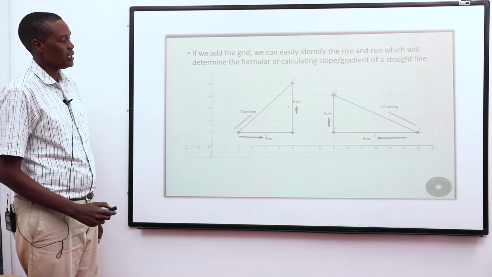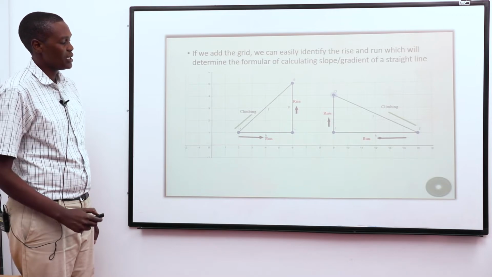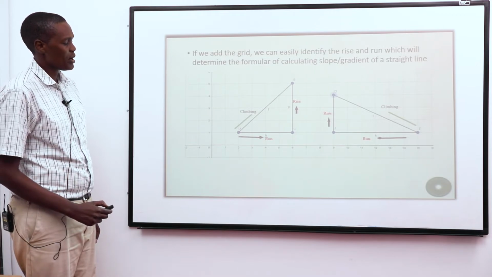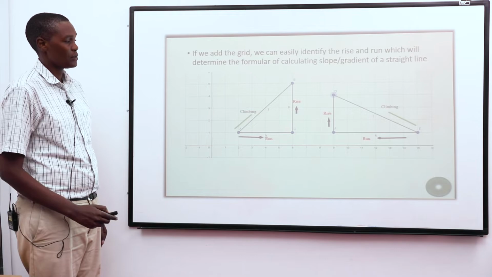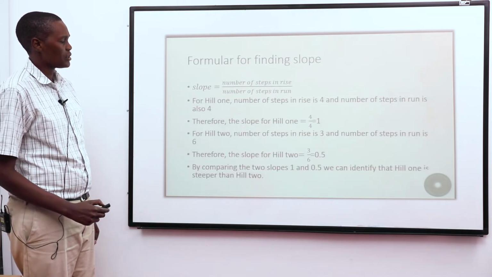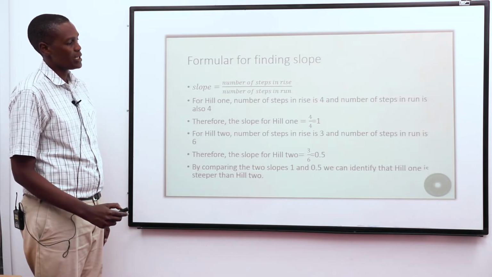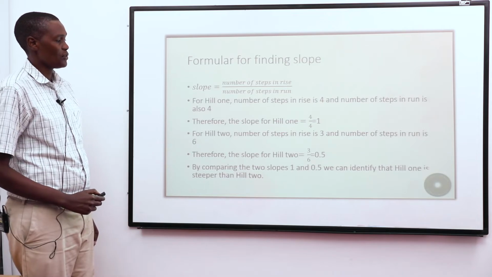So for hill 1, the number of rise is 4, and the number of run is 1, 2, 3, 4. So the number of run is also 4.